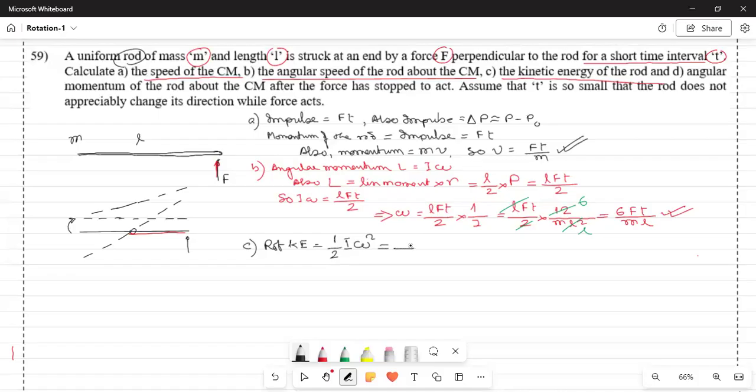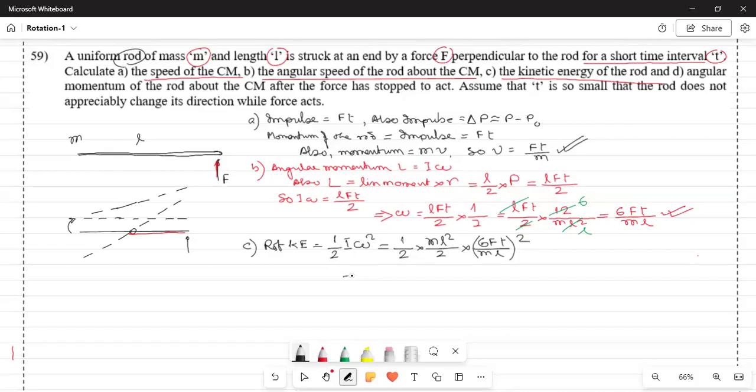That means this is equal to half I, which is ml square by 12, into omega square. Omega, we have already found out, 6Ft by ml. So this is 6Ft by ml whole square.